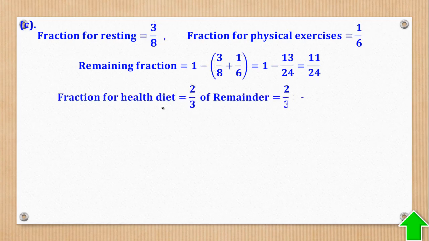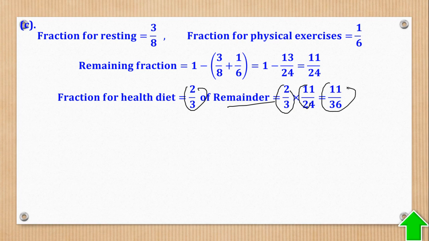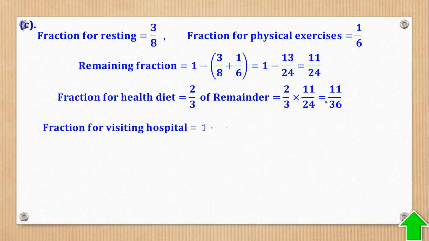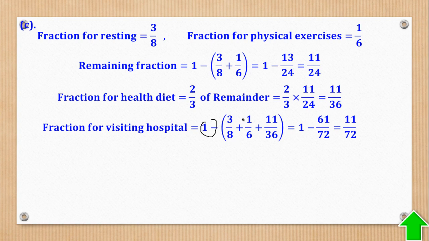So fraction for healthy diet is 2/3 of the remainder, 2/3 of the remainder, to give you this. Fraction for visiting hospital will be the remaining time. So 1 to mean total fraction minus all these ones, minus this, and that, to give you this, which is that.